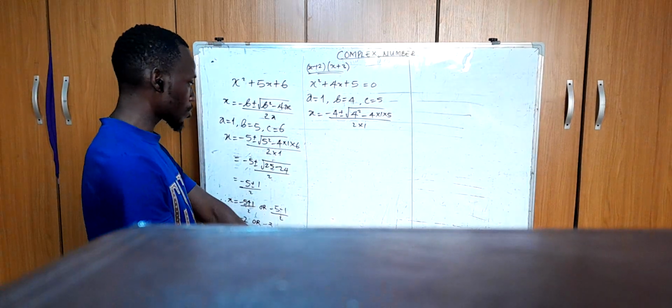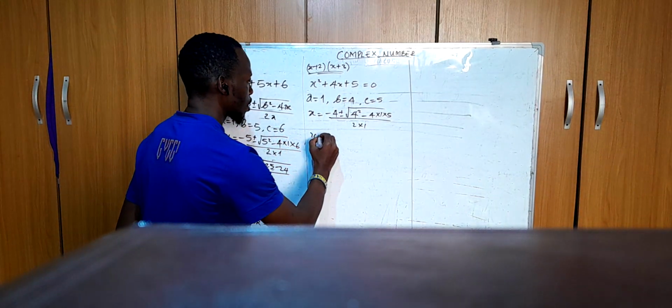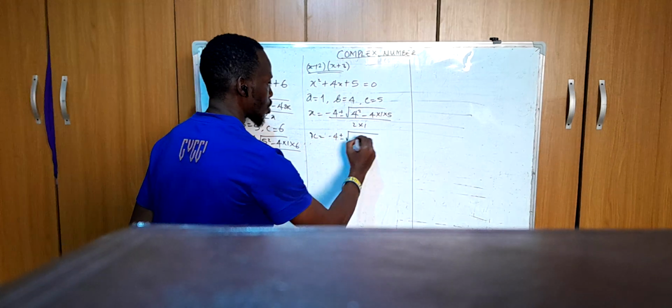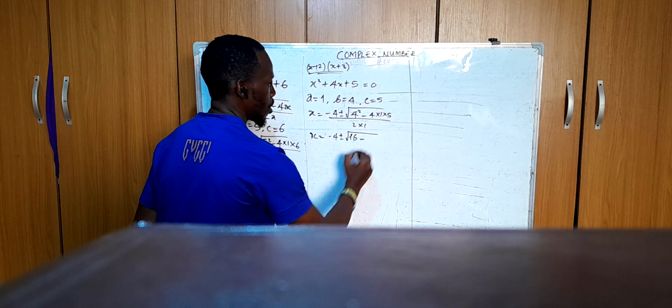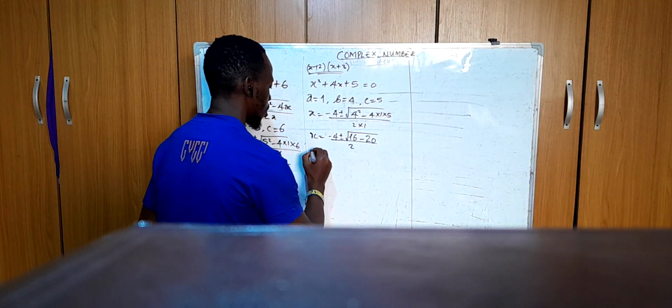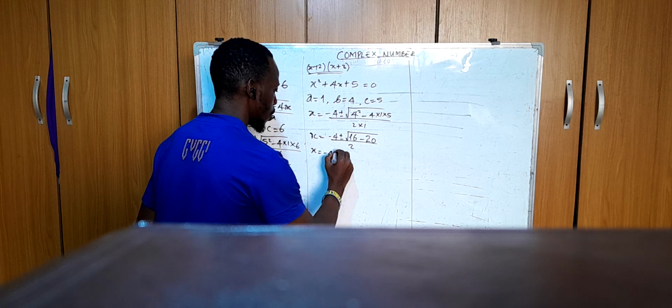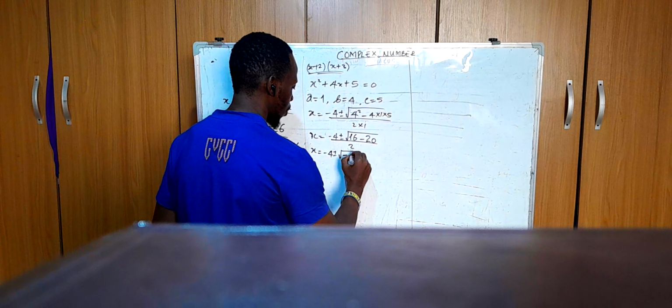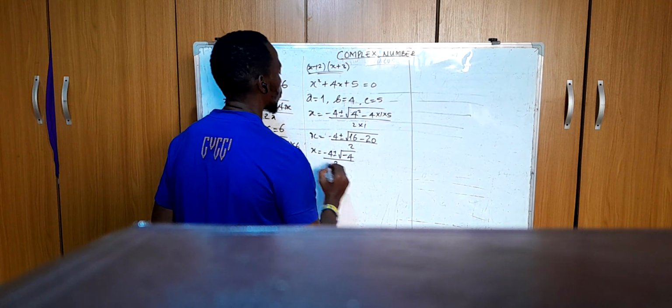Now x equals minus 4 plus or minus the square root of 16 minus 20 over 2. x equals minus 4 plus or minus the square root of minus 4 over 2.